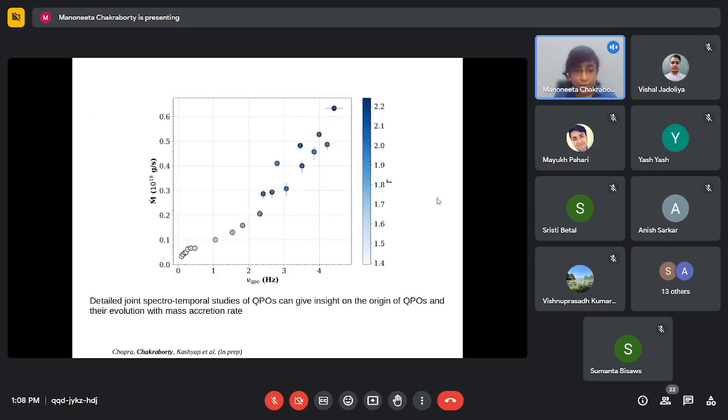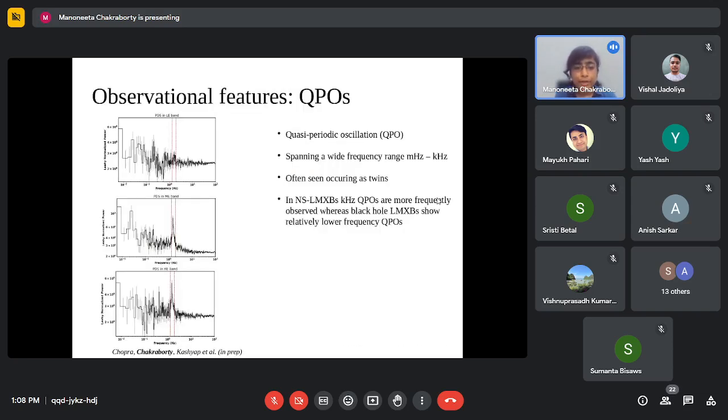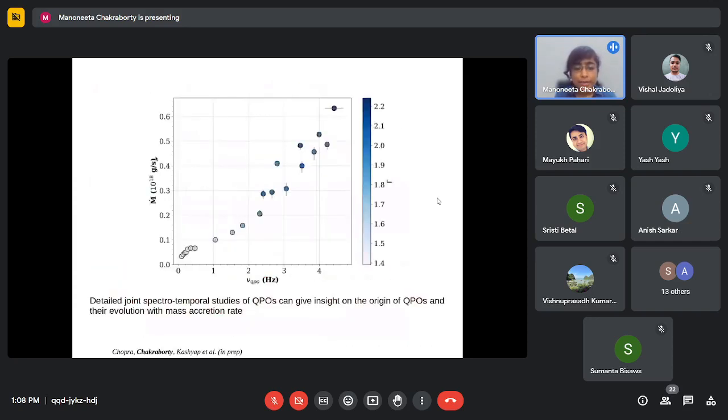We are nowadays looking at some QPOs of the black holes, and we see that they are also not stable, but they are very dependent on how the source is changing. This is an example of such a QPO. This is the QPO that I have shown here, and what you see here is the QPO frequency, where the frequency at which this variability is repeating is a strong function of the accretion, the rate at which the mass is being dumped on the disk and the compact star.